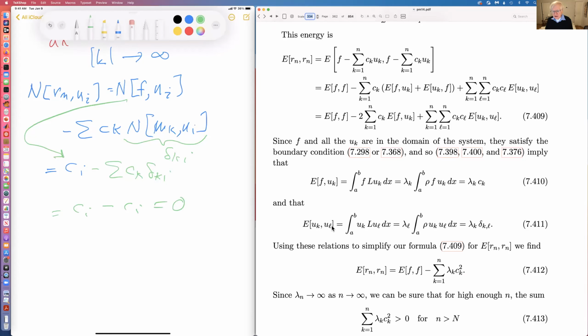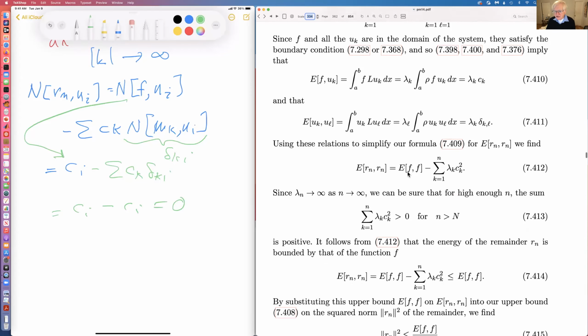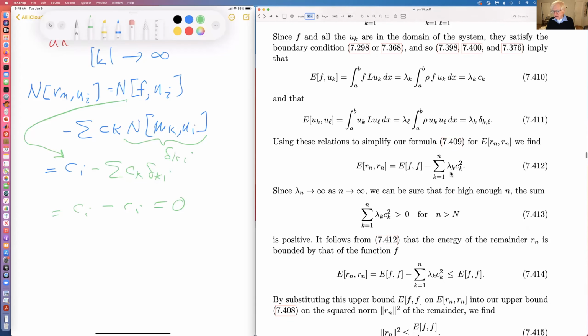E of U_K U_L is effectively the Kronecker delta. So if you use these two formulas in here, what you get is that E of Rn is E of F F minus something. And inasmuch as the lambdas are going to infinity and the C_K squareds are positive, it's pretty clear that this thing here is bounded, because eventually this becomes negative.